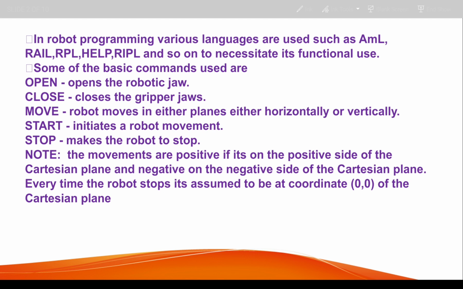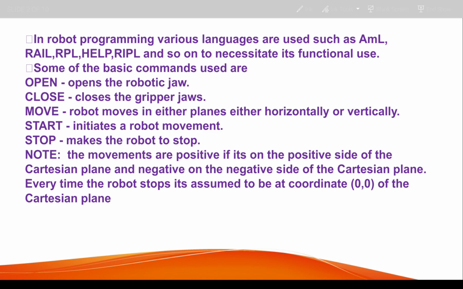Some of the basic commands used are: open, which enables the robot to open the robotic jaws, and here we are talking about a specific part of a robot, which is the gripper. Then you have close, which closes the gripper jaws.